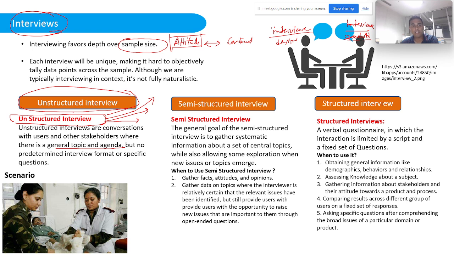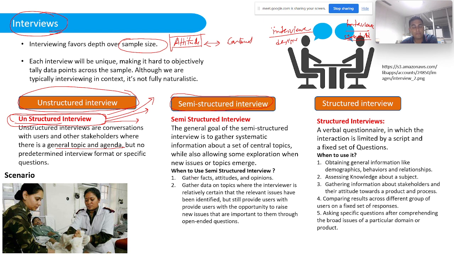These initial unstructured interviews probably give a clue for conducting a more detailed structured or semi-structured interview. Okay.